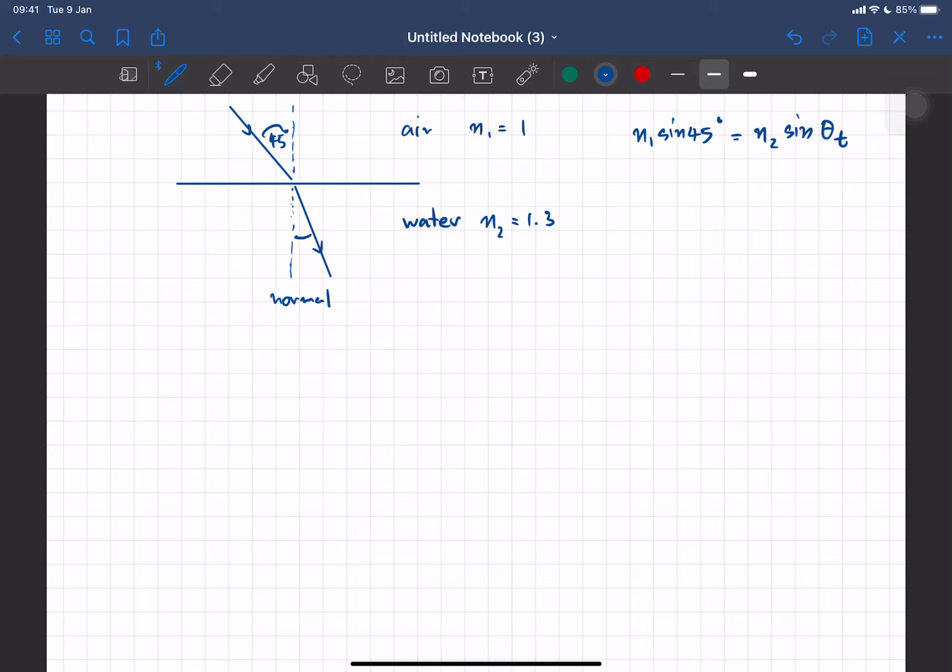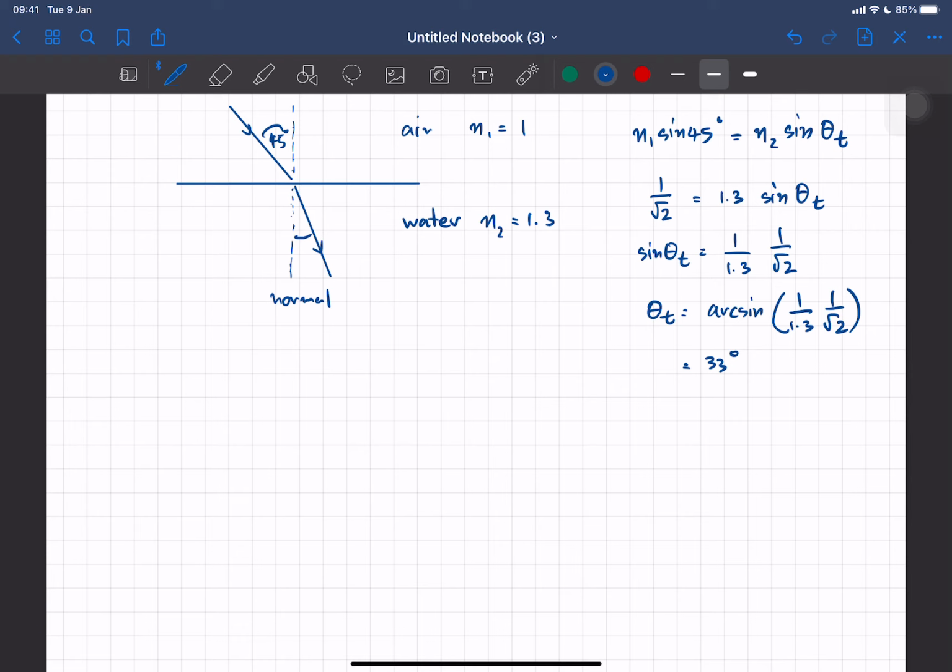So n1 is 1, sine of 45 is 1 over square root of 2, n2 is 1.3, and then sine of theta t. So sine of theta t is 1 over 1.3 times 1 over square root of 2, and theta t is arc sine of this number, and you will get about 33 degrees. Okay, so you can recheck with your own calculation.